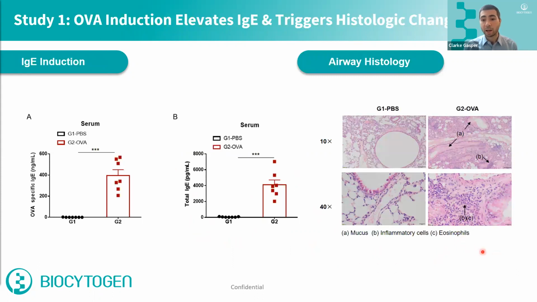In addition, the ovalbumin-treated mice showed a significant increase in serum IgE levels and have asthma-related pathological changes, as demonstrated by immune cell infiltration and increased levels of mucus. These results indicate that ovalbumin successfully induced asthma in these mice.